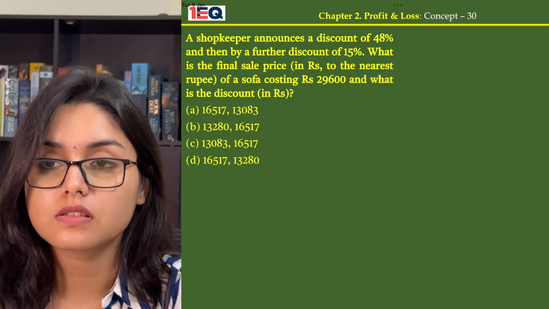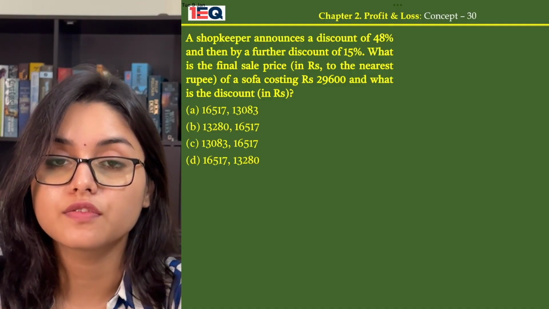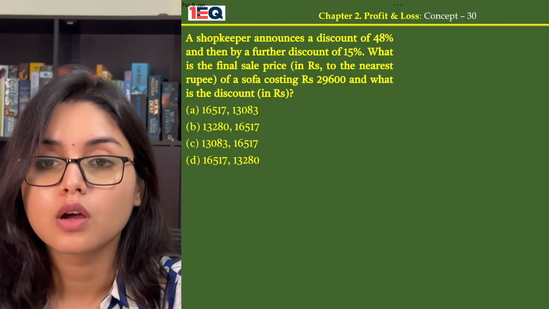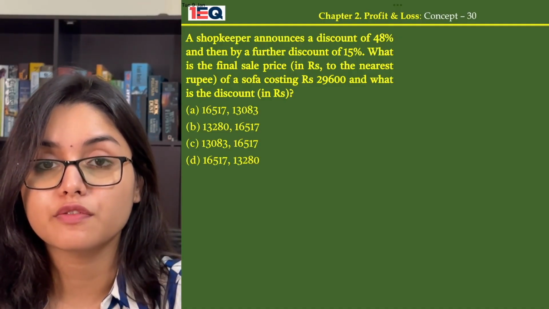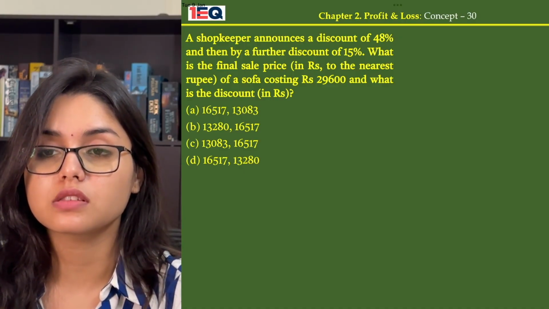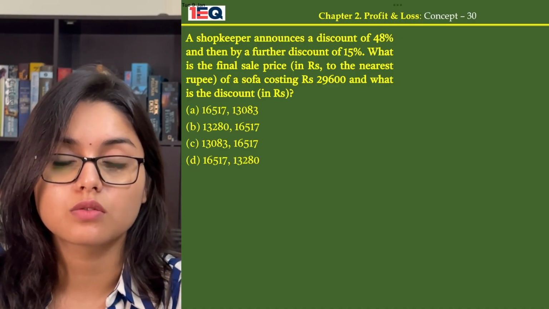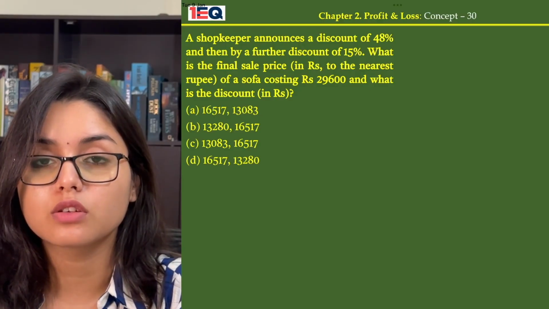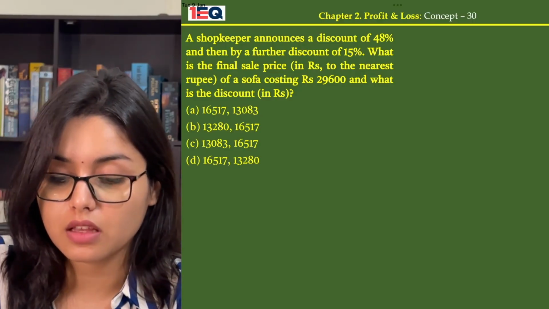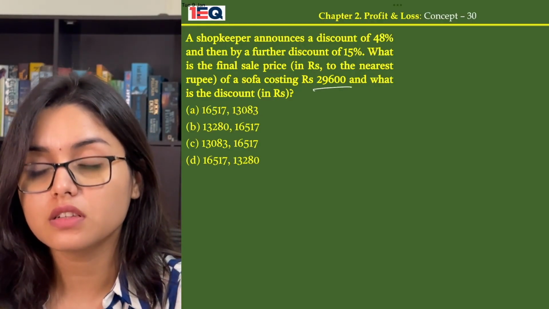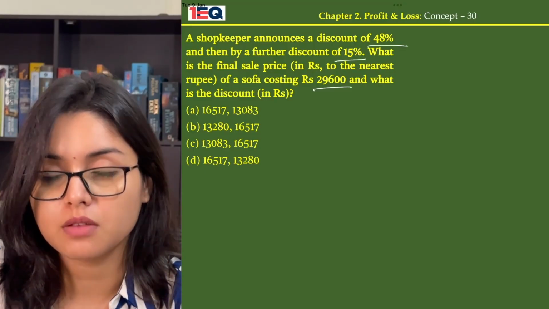A shopkeeper announces a discount of 48% and then a further discount of 15%. What is the final sale price of a sofa costing 29,600 and what is the discount? So in the given question, we know that the cost price of the sofa is 29,600 and the given discounts are 48% and 15%.